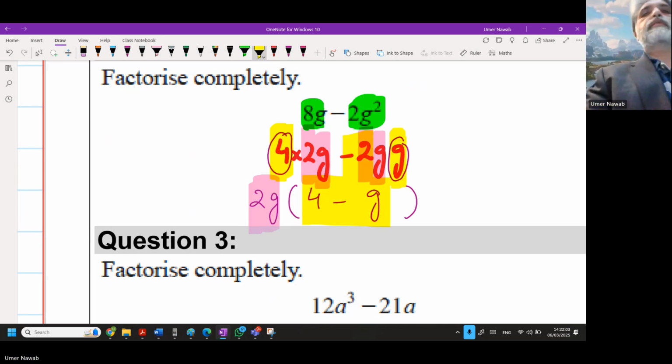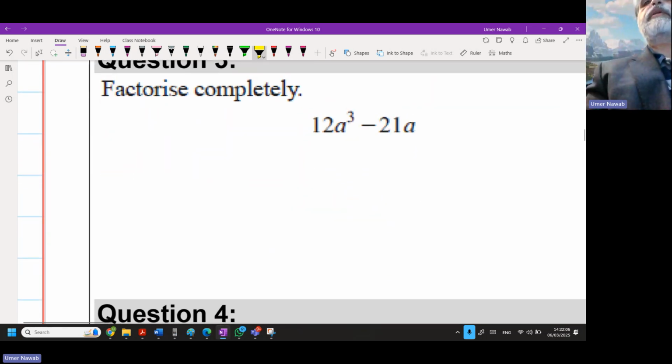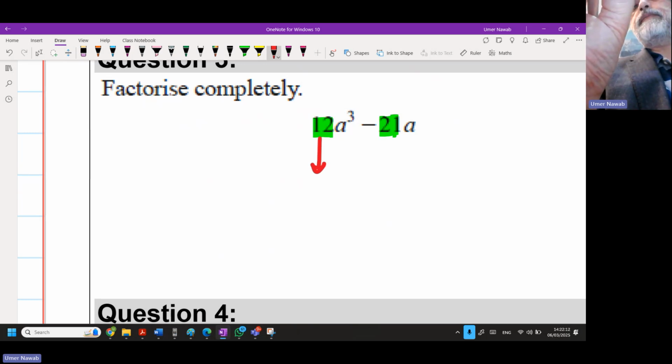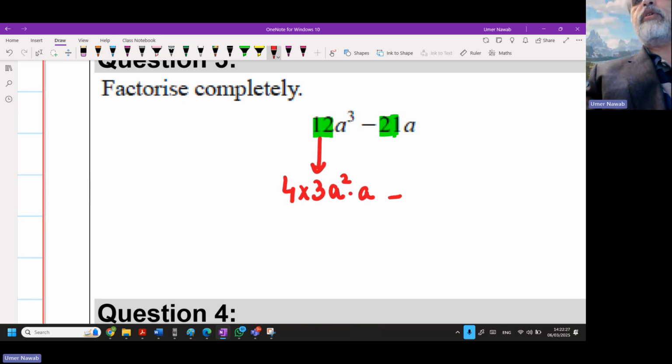Yani 4 minus g. Now, in this particular case, guys, I have to check 12 and 21. Can we split 12 and 21? It looks like it's 4 times 3. I can write a cube as a squared times a, or a times a times a. This is up to you. And 21 can be written as 7 times 3a.